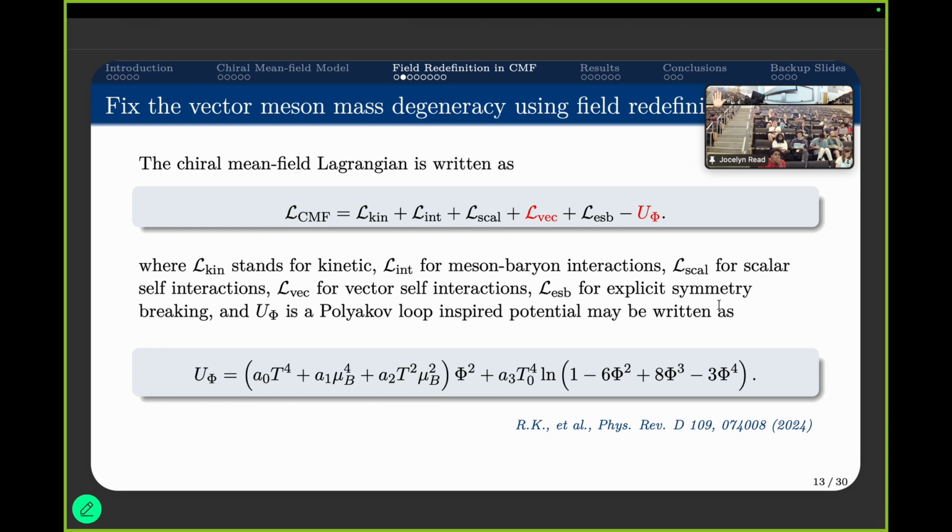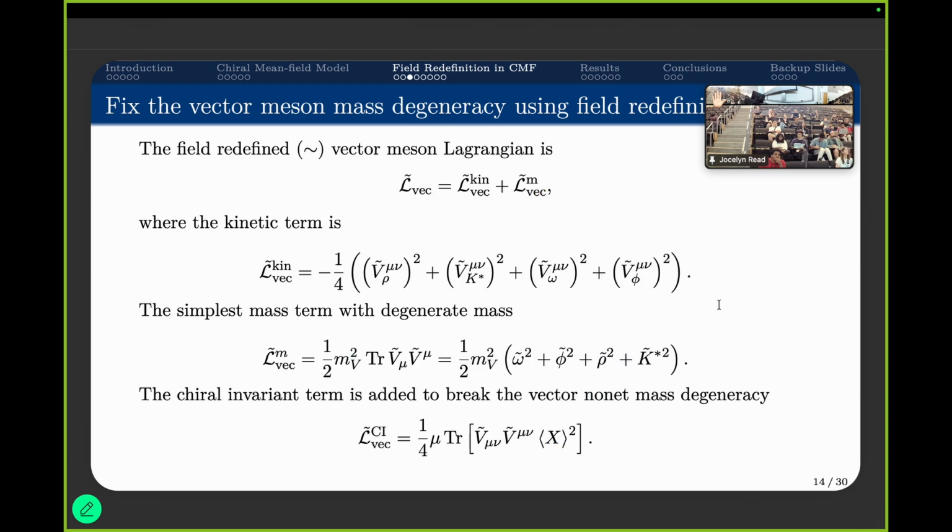First of all, we assumed the vector meson Lagrangian is already field redefined, and we started with the kinetic as well as the mass term, which is very simple for a vector meson. The kinetic term looks like that, and we assume it is field redefined.